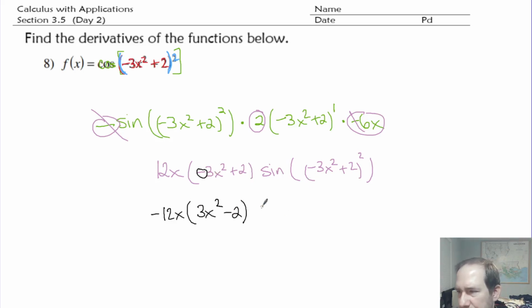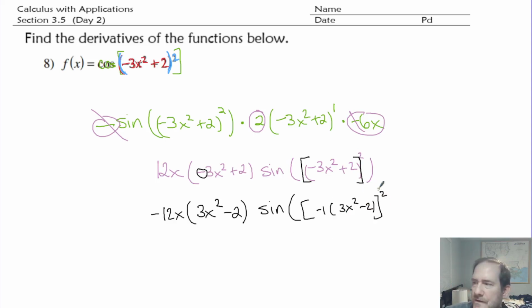And then within the sine function itself, I could factor out a negative again, but notice it is going to factor out into these brackets, so you get negative 1 times 3x squared minus 2, and then what you're squaring is this whole thing. So when I square the negative 1, I just get 1, which means it just goes away, and I'm back to squaring that thing.